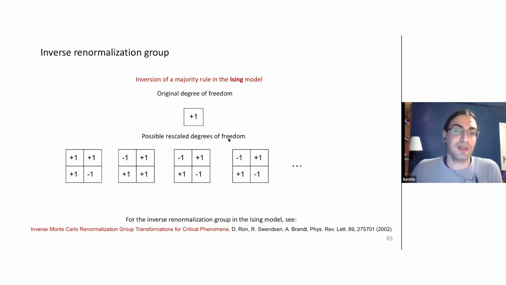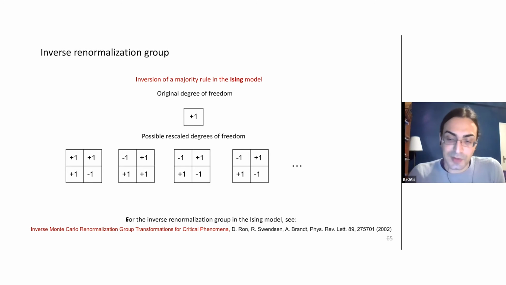So even though there is not a unique solution, at the same time, all of this is a countable set. You can literally write down all of the possible rescaled degrees of freedom. And at the same time, I want to emphasize that the inverse renormalization group has already been applied in the case of the Ising model, and here is the paper if you want to check it.